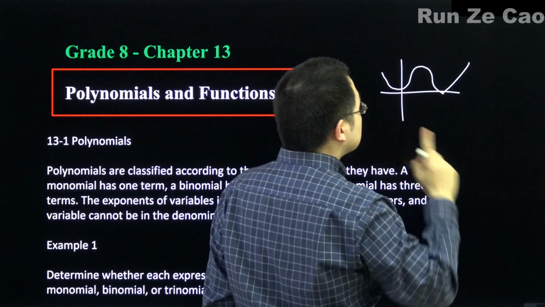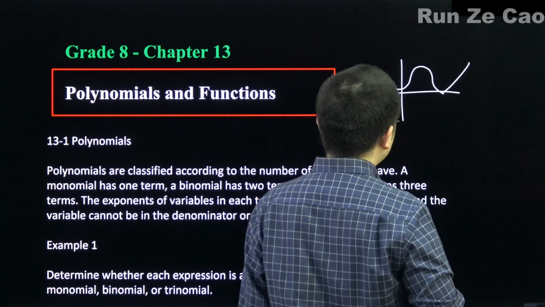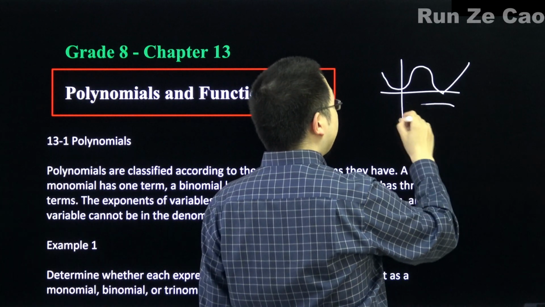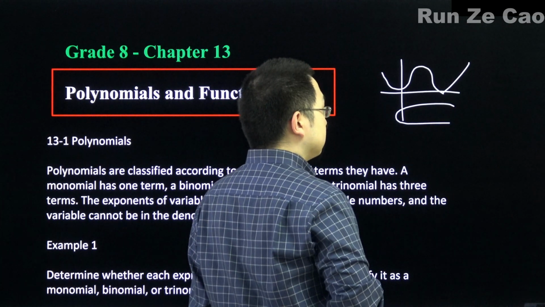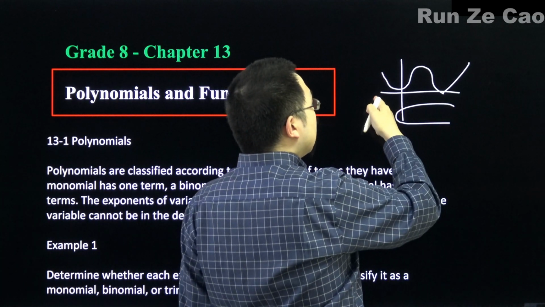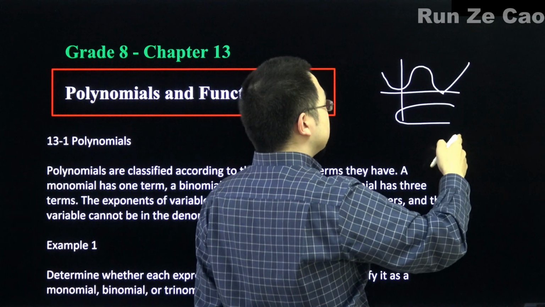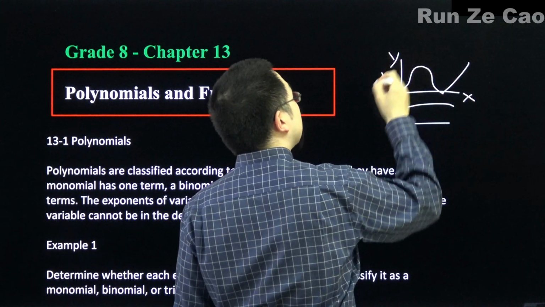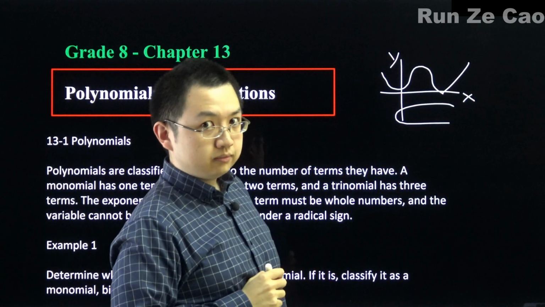What can it not do, though? Well, if it's a function, you can't have the graph bend backward on itself. So for every domain value, there is only one range value.